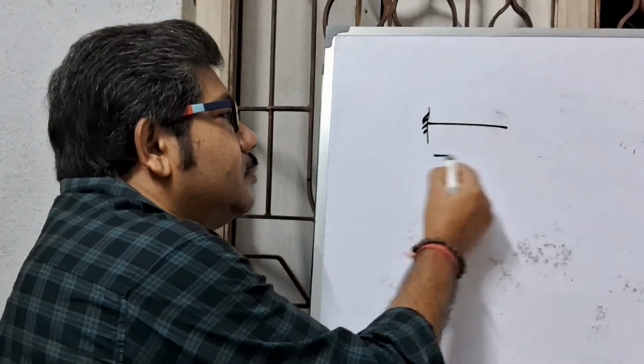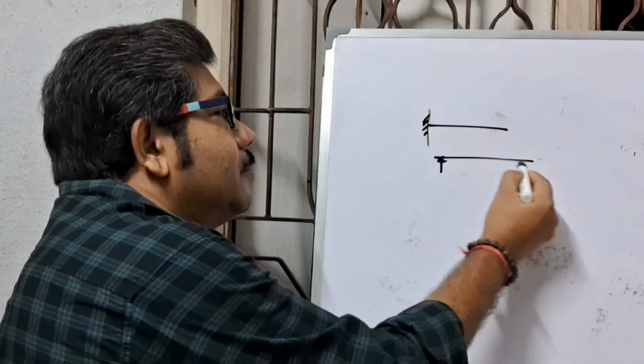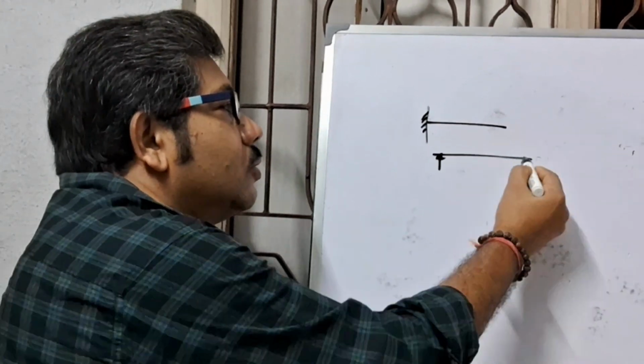Next, a beam supported at both ends. This is called simply supported beam.